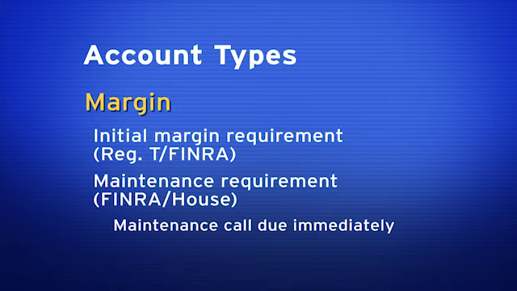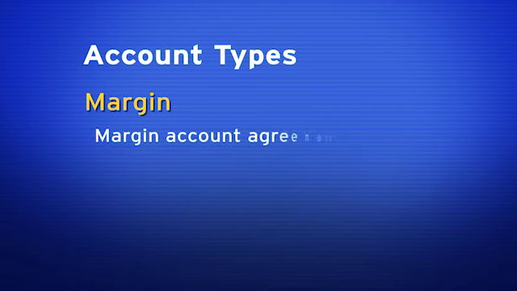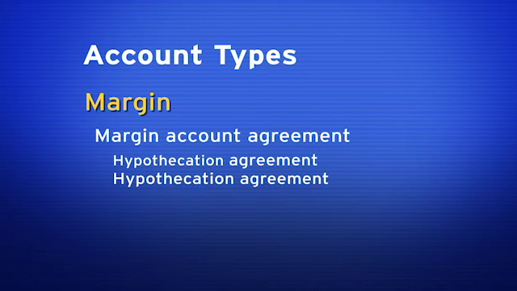Now, in order for a client to open a margin account, they must complete a margin agreement. There are 3 parts to the margin agreement: the credit agreement, the hypothecation agreement, and the loan consent agreement.